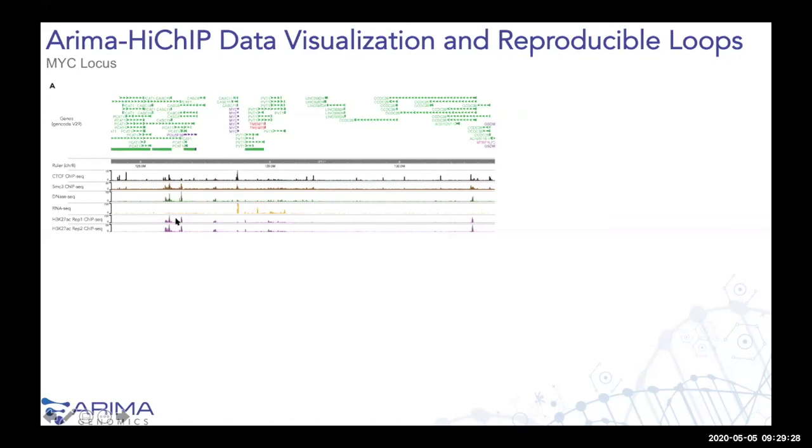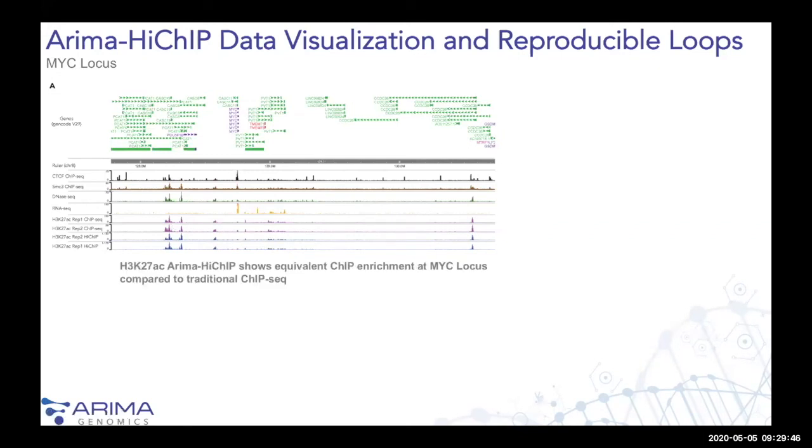When you plot the HiChIP data in a 1D signal track, just like ChIP-seq data, the 1D protein localization occupancy data, that signal track in both replicates recapitulates the ChIP-seq data. So you're still capturing those same ChIP-seq peaks around the MYC locus, and it's very similar compared to ChIP-seq.